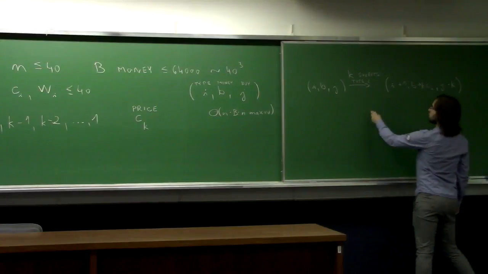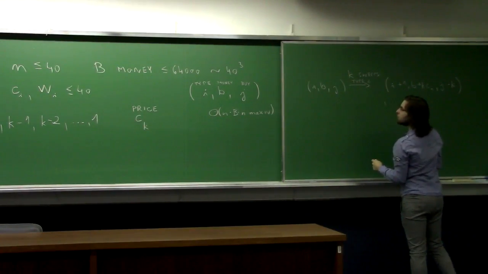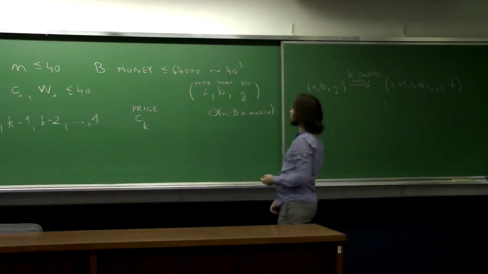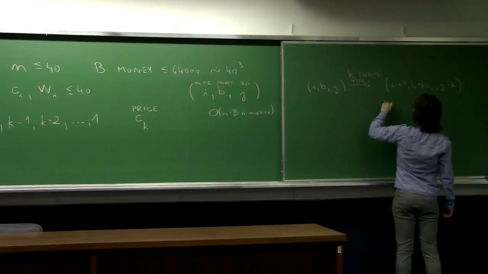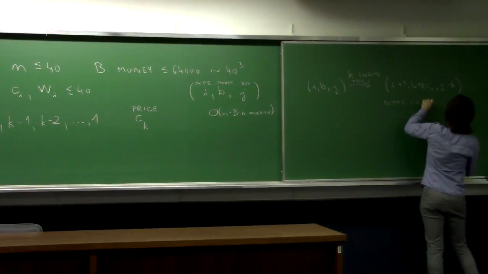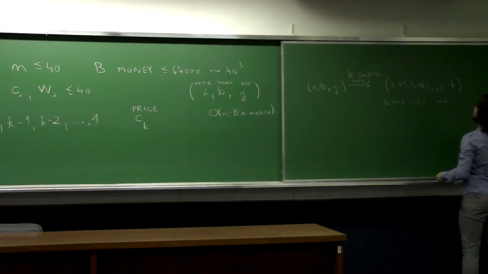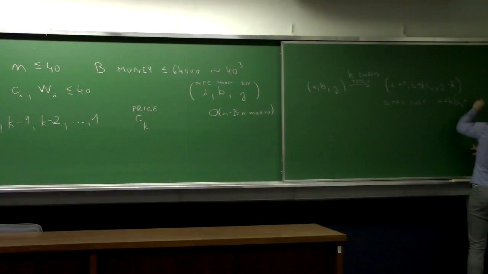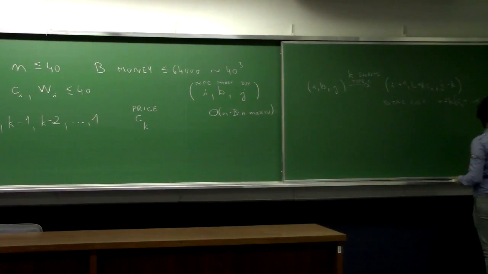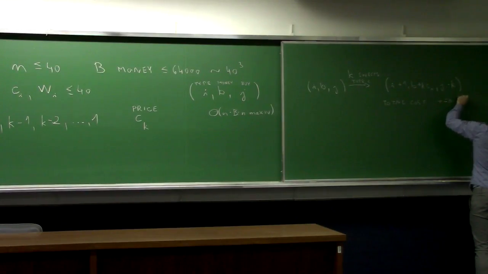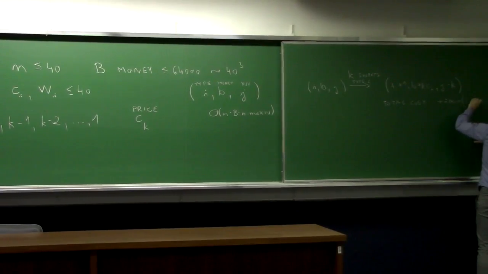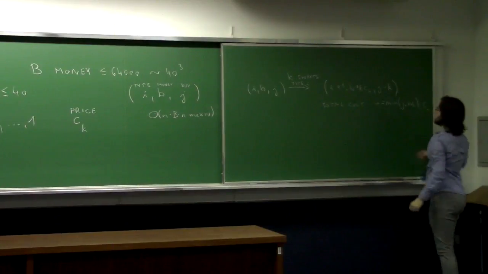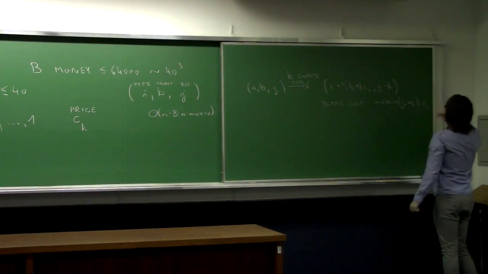And this is with the total cost of both suites increased by the minimum of J and Wi times Ci, because this is the number of suites of type I we got, and each of them costs Ci.